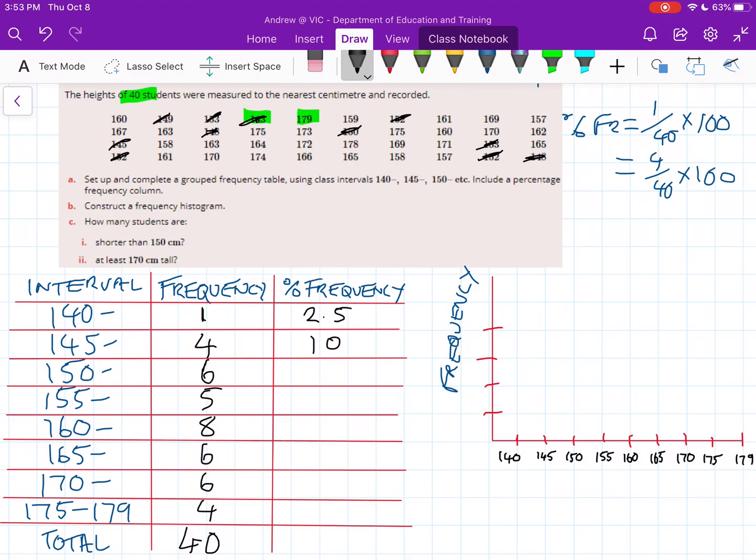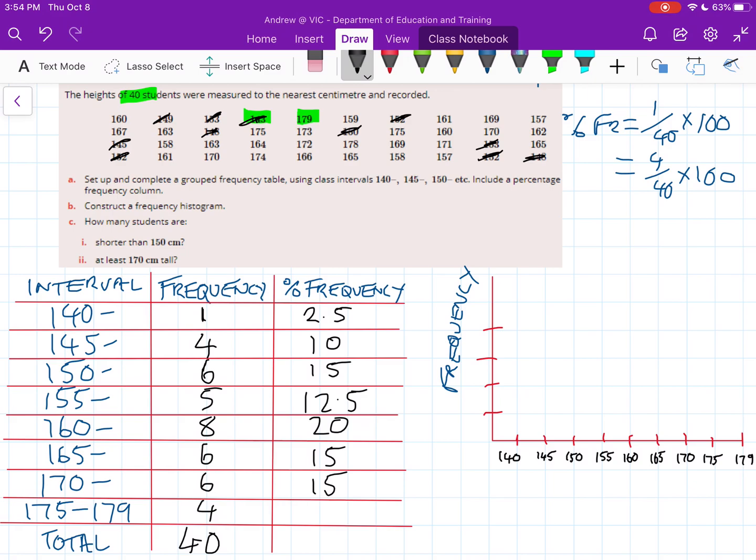So you know 6 is going to be 5% higher than 10 because it's 4 plus 2, so it's going to be 15%. And then we've got 12.5%, because it's 1 more frequency above 4 and 1 was 2.5. So it is good to do it that way as well, and that can save a bit of calculation time.